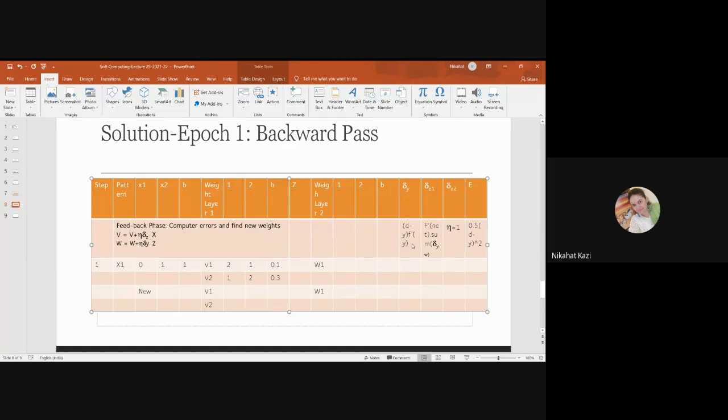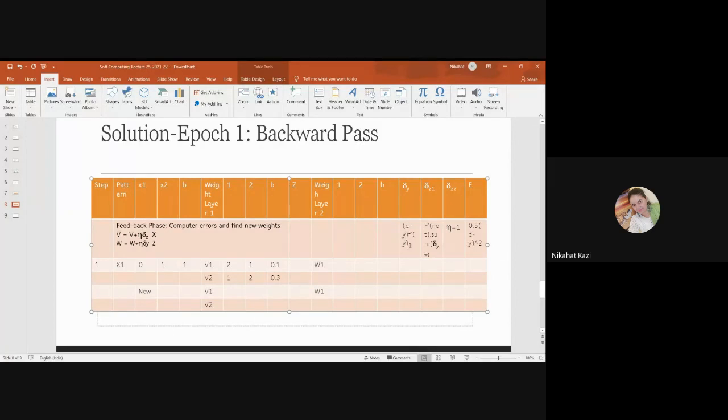Now how are you going to compute this? First of all, you compute d minus o and you multiply that with f dash. That f dash y is nothing but half times 1 minus o square. Half times 1 minus y square.